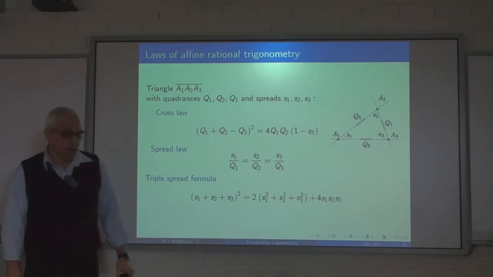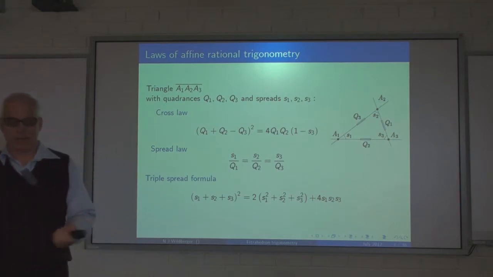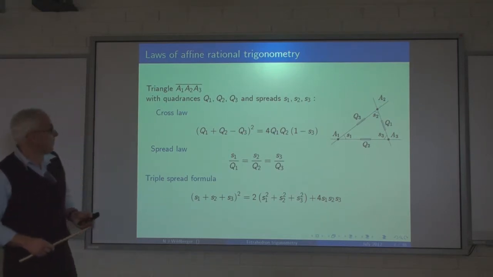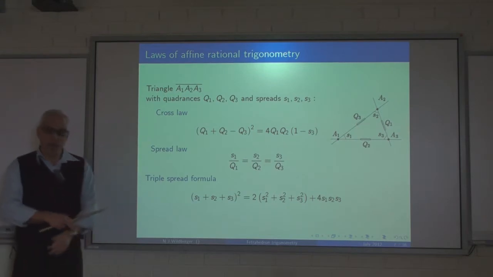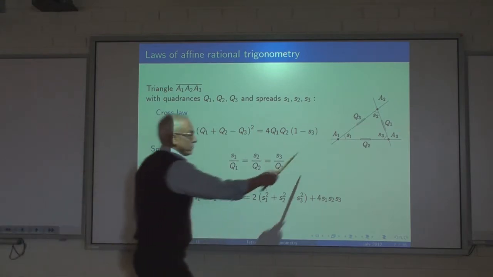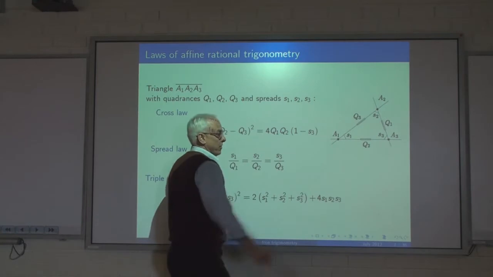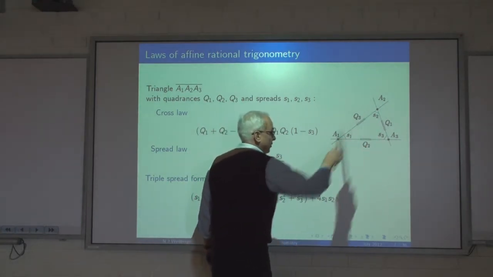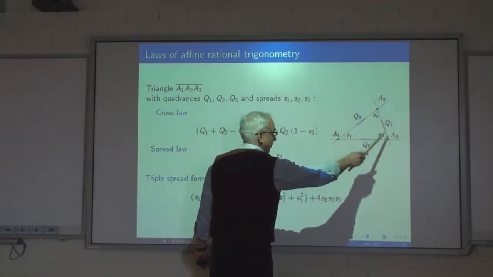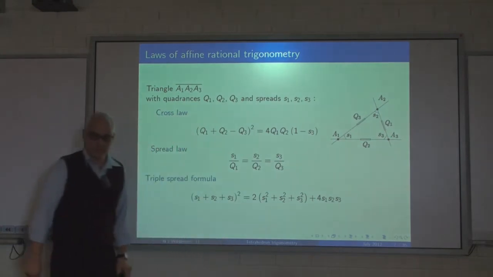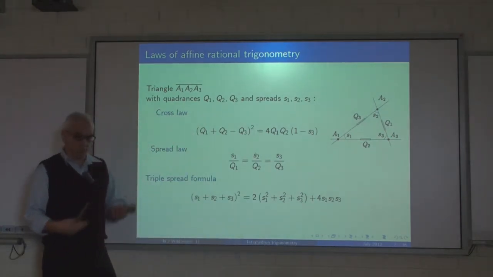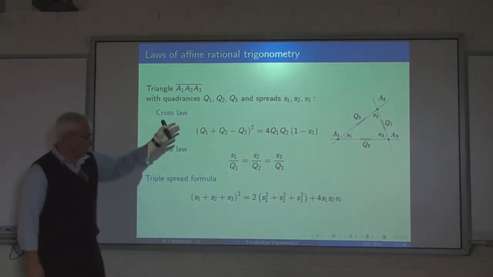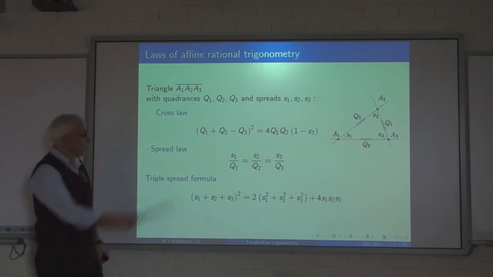Okay, so now we come to trigonometry. Here are the three main laws of rational trigonometry concerning a triangle with three quadrances, Q1, Q2, Q3, and three spreads, S1, S2, and S3. What are the relationships between these six quantities? Here they are right here. The first one is the cross law.